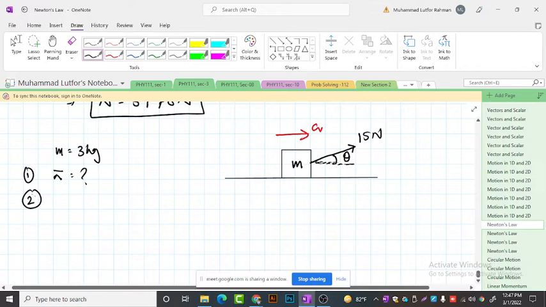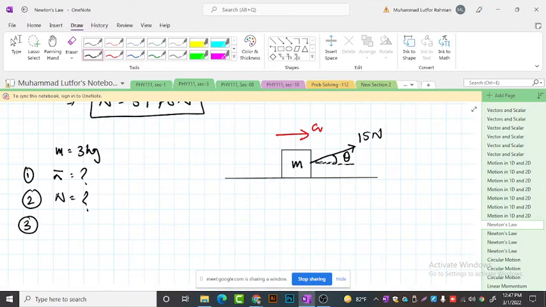Second question, calculate the normal force on the block. And number 3: when you apply this force of 15 Newton, if you increase that force, the block could fly off that surface, right? At a certain point the block will fly off the surface.